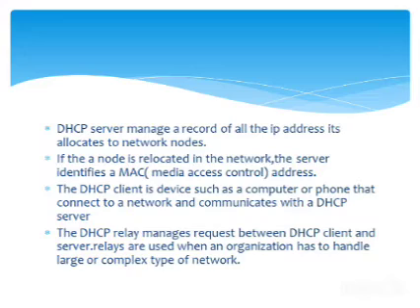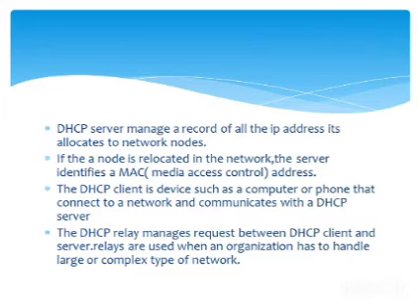The DHCP server manages a record of all the IP addresses it allocates to network nodes. It means to say IP addresses allocated to a network node. Network node means all devices like laptop, desktop, router, and many more devices that are connected to the network, right?